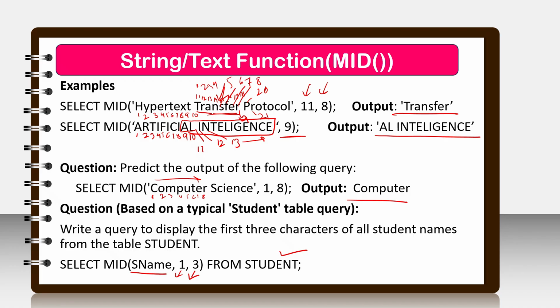If we have S name as a column, it will fetch the starting 3. Like the employee example of Ajay, let's change it to student name. So A, J, A. Second, Priya we have taken, so PRI. 3 characters it will take, starting from 1 and then 3 characters. So this is the way we can apply mid, substring or substr.